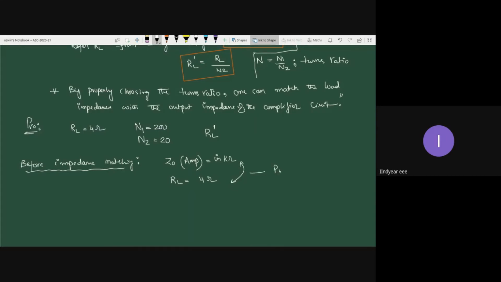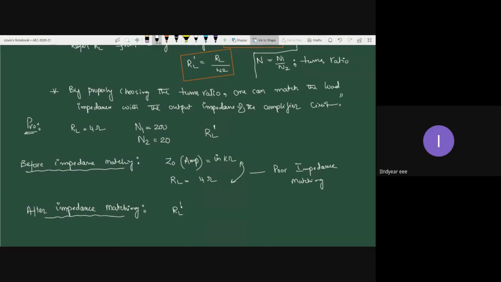So you can write this as poor impedance matching. This is the present case scenario. Now let us look at after impedance matching, so that you will be able to assess the role of impedance matching.